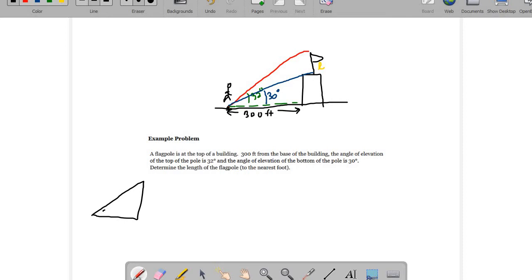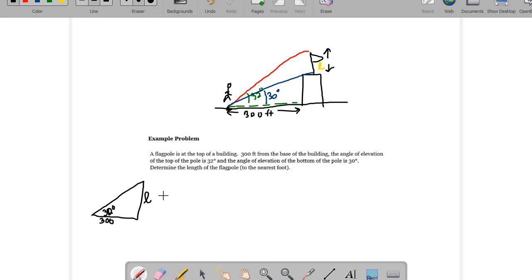I'm going to deal with the 32-degree angle first. The horizontal side is just the side running horizontally, so this must be 300 feet. Then the side that I'm trying to find is L, which would have to be the vertical side, since the flagpole is running vertically. So this distance here would be the length.